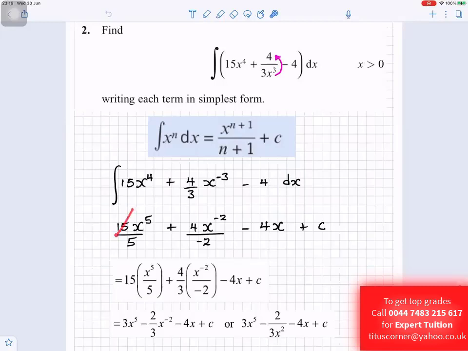So 15 divided by 5 gives you 3, and 4 divided by minus 2 gives you minus 2 over 3. You have the x to the 5, x to the minus 2 and minus 4x plus c. Or you can write it as 3x to the 5 and take this x to the minus 2 down. It becomes minus 2 over 3x squared minus 4x plus c.